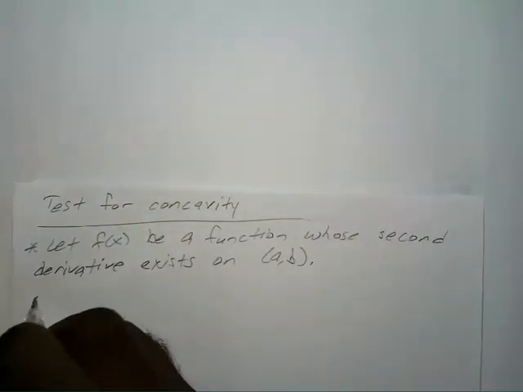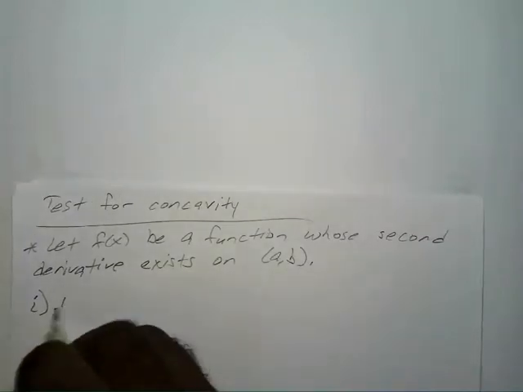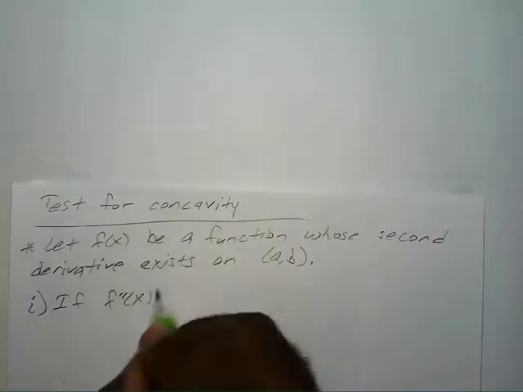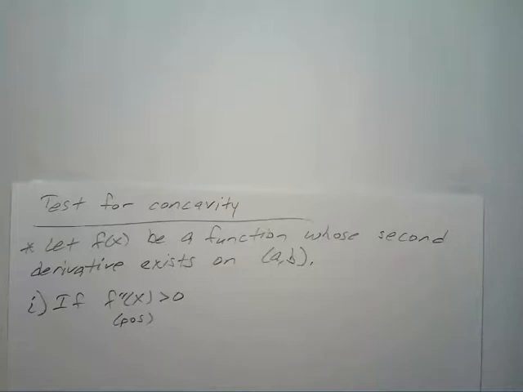Okay. Now first, let's say if you find the second derivative and you see it's greater than 0 or it's positive, for every value of x between a and b.